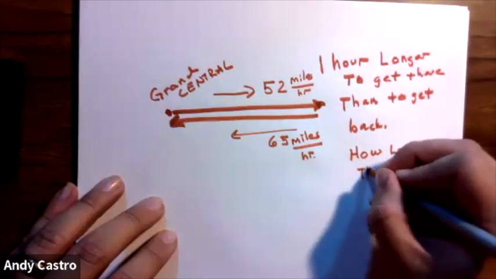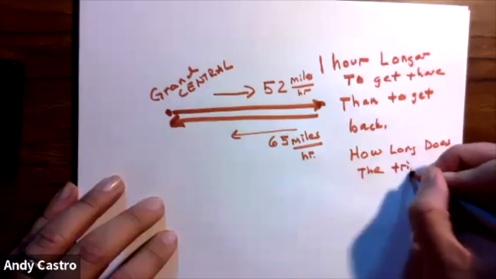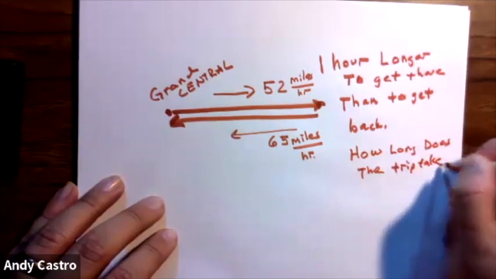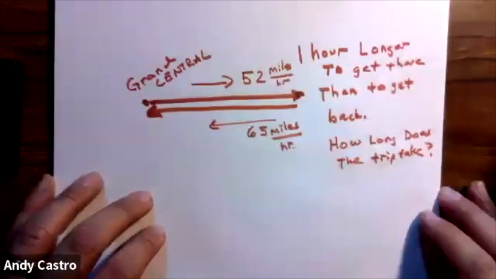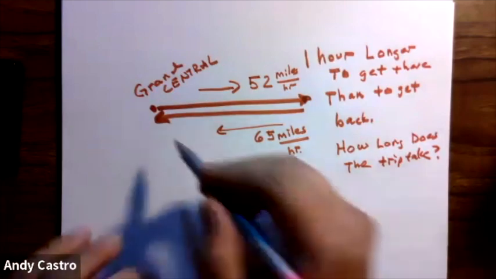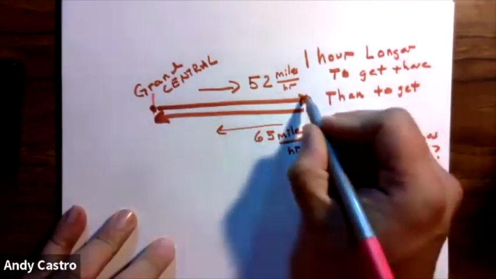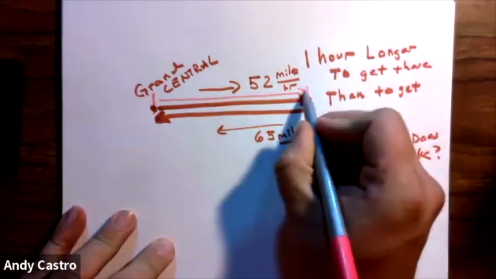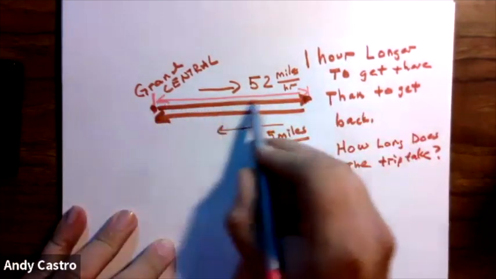We actually don't know how far. We're going to answer this question. Okay, so I'm going to break this up. It's an out and back. So there's a certain distance here that it takes to go out.